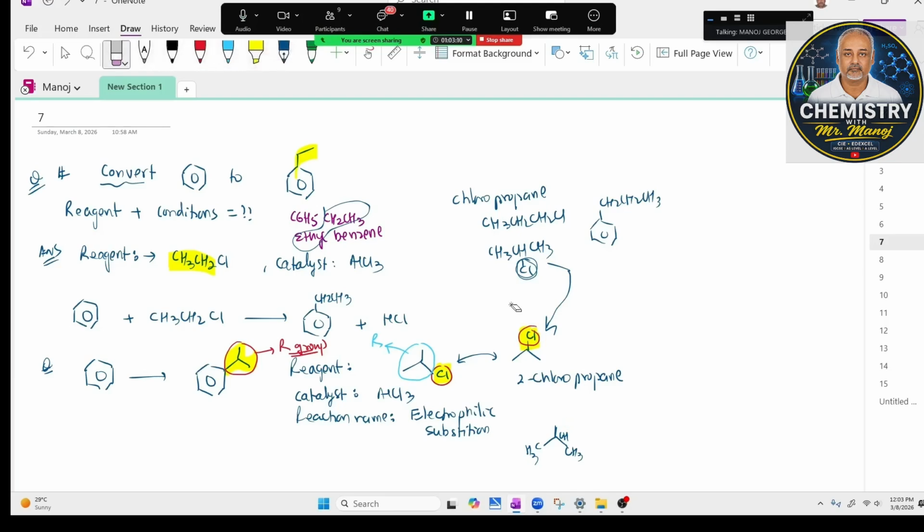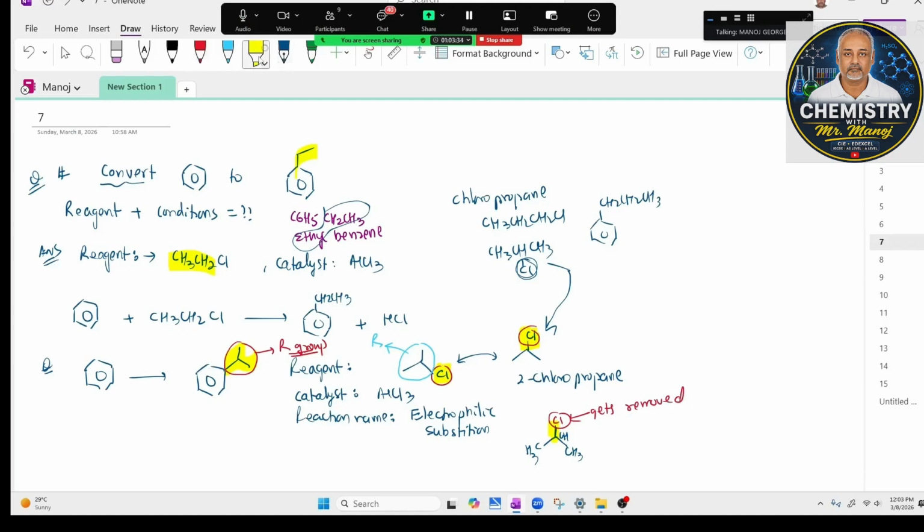I hope that's correct. No, sorry. The Cl was here. That Cl got kicked out. When that Cl got removed from there, this empty bond here got connected to the benzene ring. Does that make sense? That Cl gets removed. Okay.